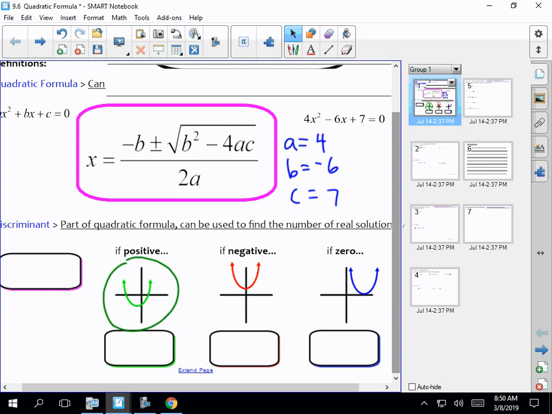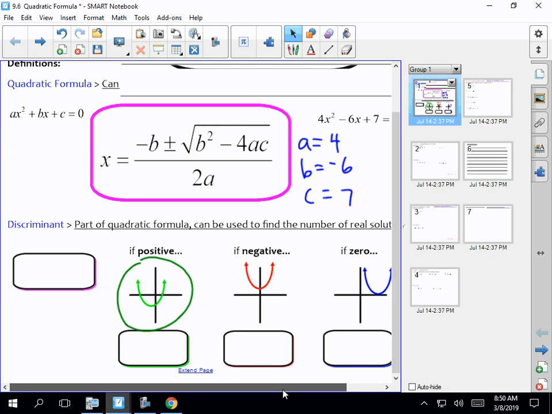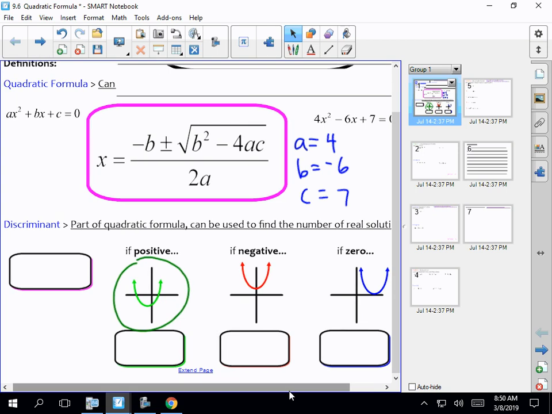Now there's a special part of this formula called the discriminant, and this goes full circle back to section 2 of chapter 9. We talked about the 3 different cases here. We have 2 solutions here in green. We have no solutions there in red.